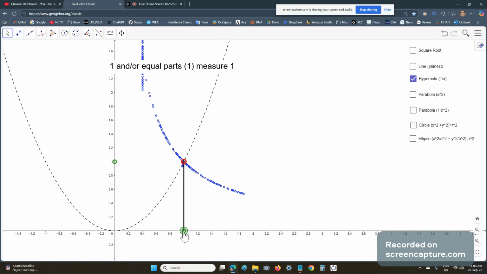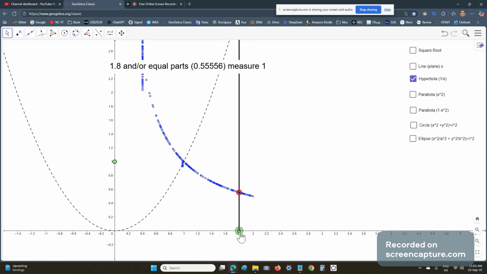On the hyperbola, one measures one exactly, and two, you need two equal parts of 0.5 to measure one. All right? So we first need the line and then the hyperbola, because x measures one here, okay? X is 2, and it measures 1. X is 1.8, and it measures 1, okay? Because this here is an equal part of 1.8.